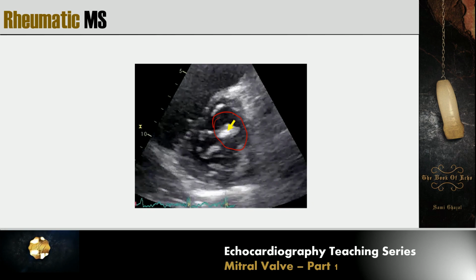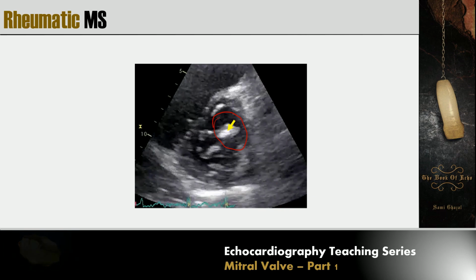So there is a fusion at the commissural level, that we can see clearly in the parasternal short axis view, while in degenerative mitral stenosis, the main feature will be mitral annular calcification that we will see in the subsequent slides.